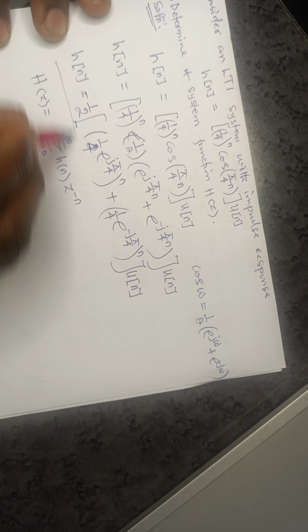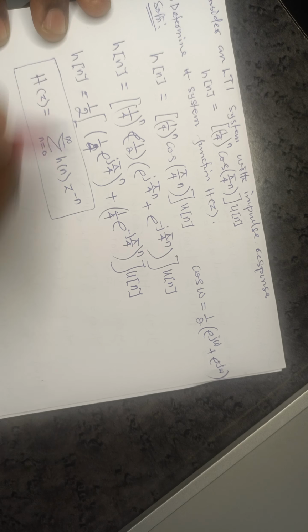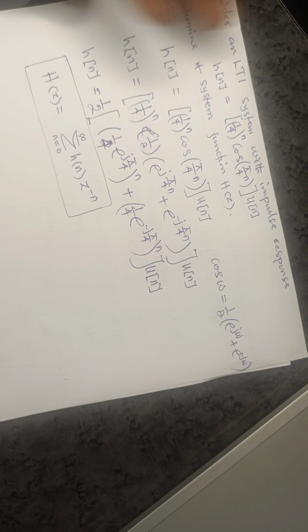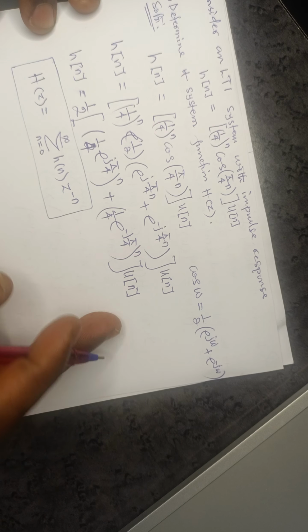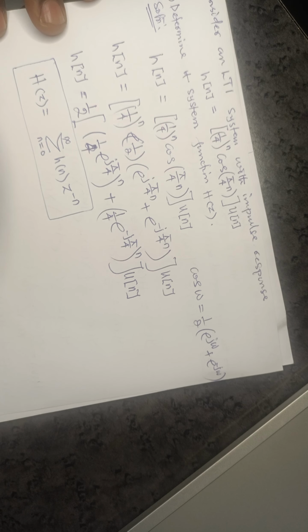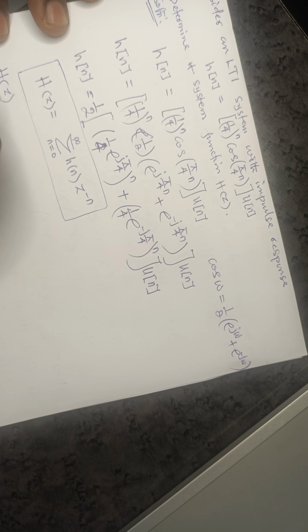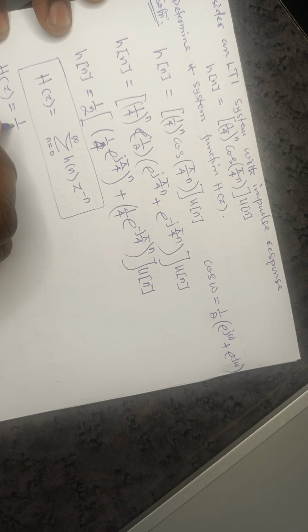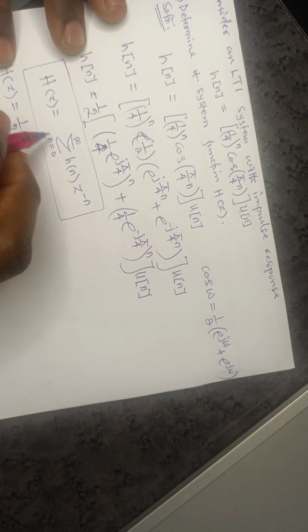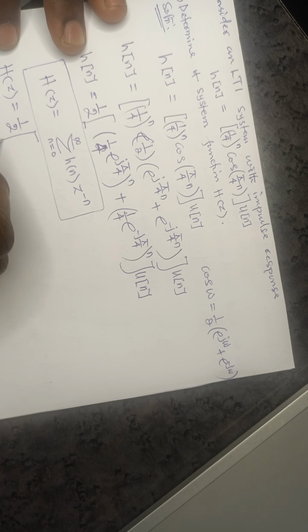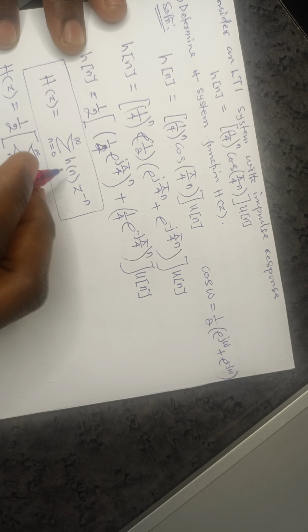This is the formula for finding the transfer function of the system, and we can just apply that to each term in the expression. So H(z) from here is going to be half. We are applying the z transform to everything here, so we put n from 0 to infinity.